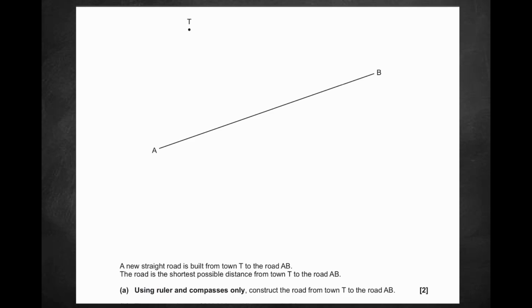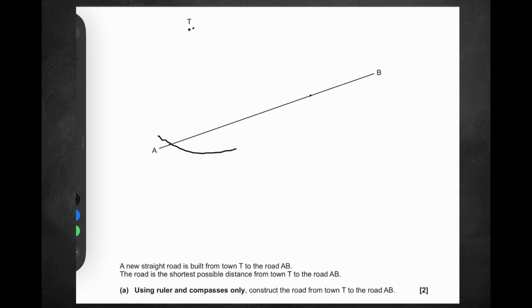So what you basically want to do is set your compasses up with the point of the compass on T, and you want to have it so that your pencil will touch and create an arc from 2 points on AB, something like this. And then you want to draw an arc like this so that it crosses the line twice.